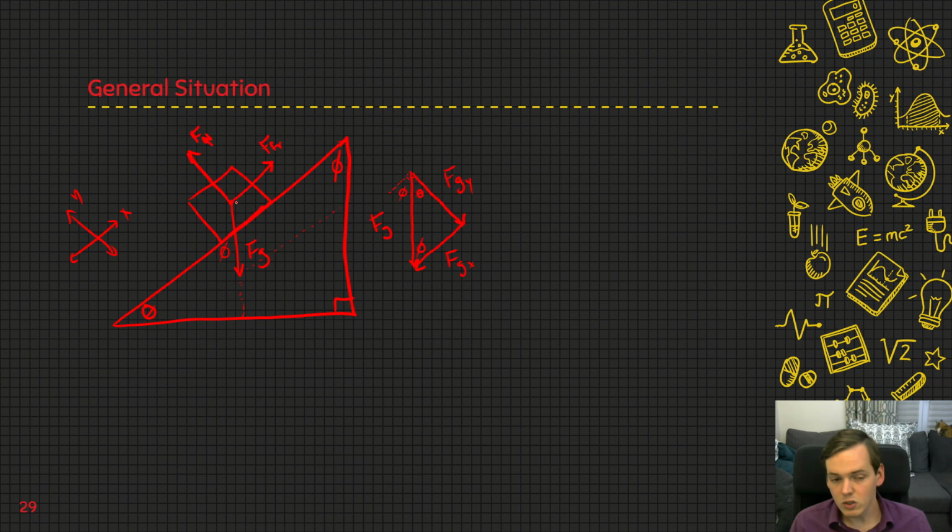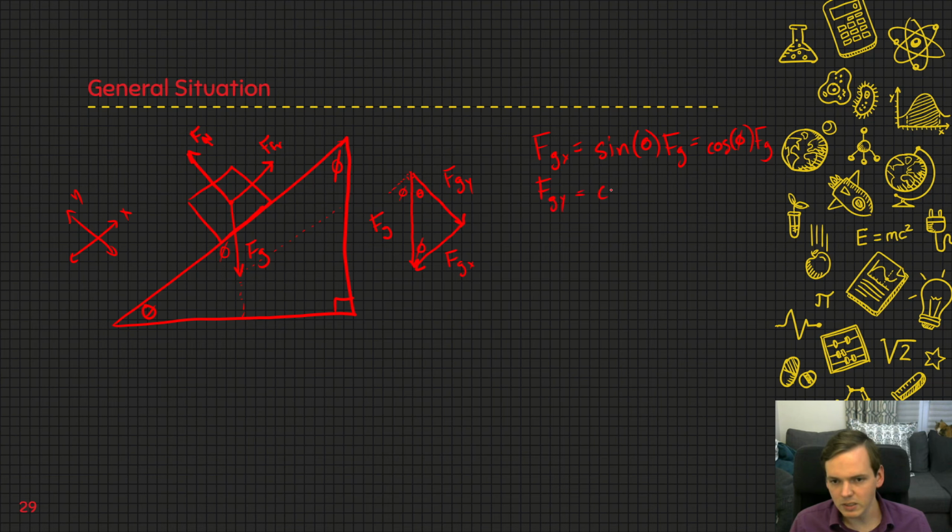phi. So in this case, when you're given the lower angle, we know that Fgx equals sine of theta times Fg, which is also equal to cosine of phi times Fg.